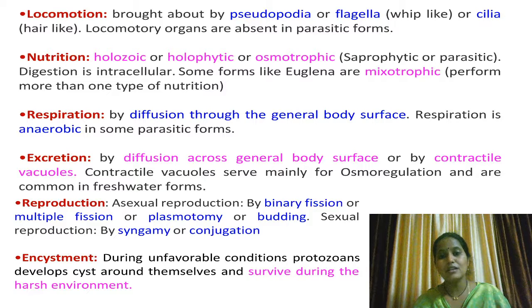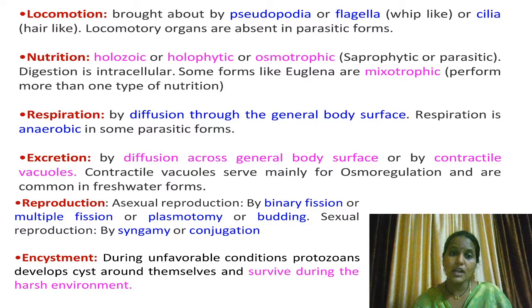Plasmotomy is seen in Plasmodium and Opalina. In sexual reproduction, syngamy means union of gametes, and conjugation means two organisms of different mating types exchange nuclear material through a temporary area of fusion. So these are the types of reproduction that occur in protozoans.